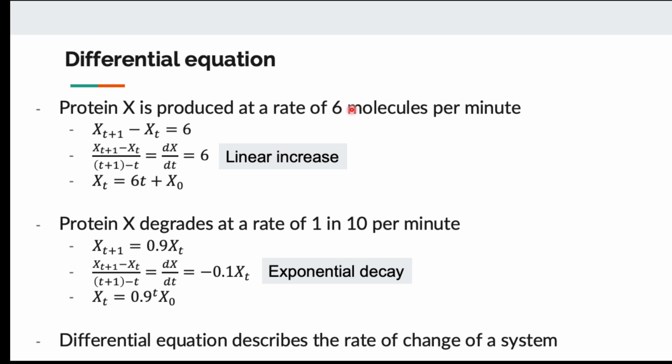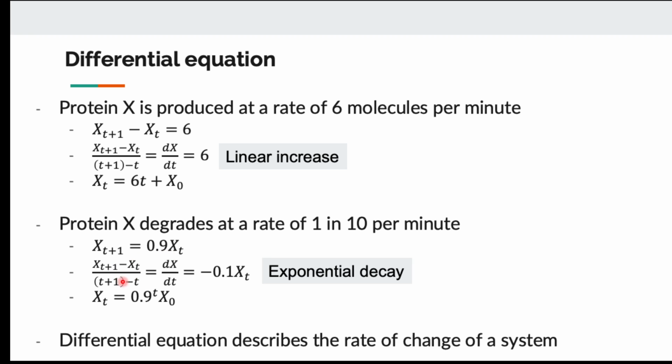Like we are not losing 2 protein per minute, but we are losing 10% of the protein per minute. So the degradation is usually described as percentage. Some percentage of the protein will be degraded. So in this case, the number of proteins in the next step will be 90% of the number of protein that we currently have. So it will be 0.9 times the number of protein from the prior time.